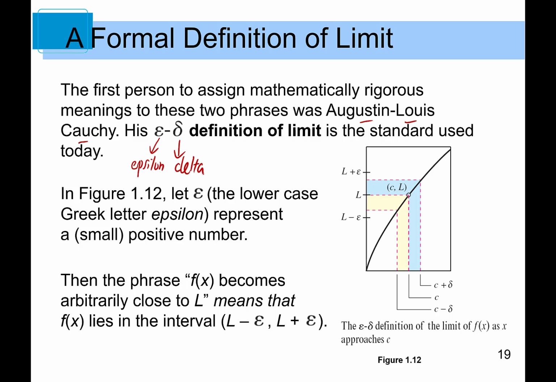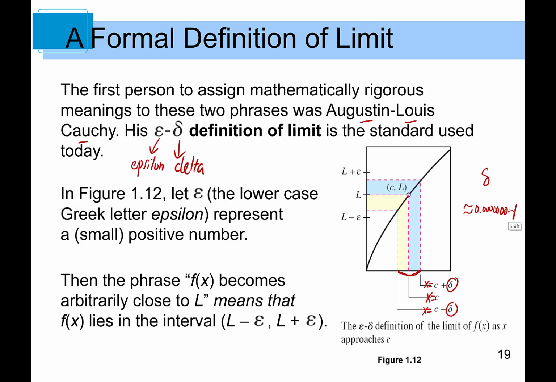So let's take a look at this graph. So this is delta. So x equals c, that's what we are looking at. Within a very tiny little interval here, because delta is a very small positive number, you can view it as something like infinitely many zeros, all the zeros in between.